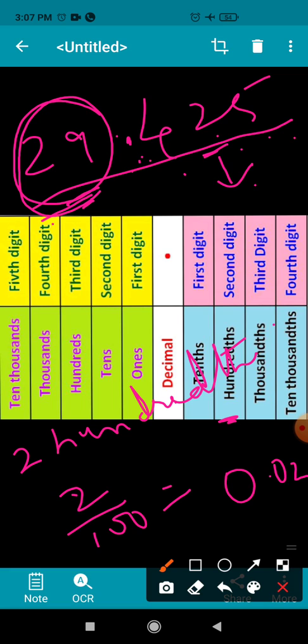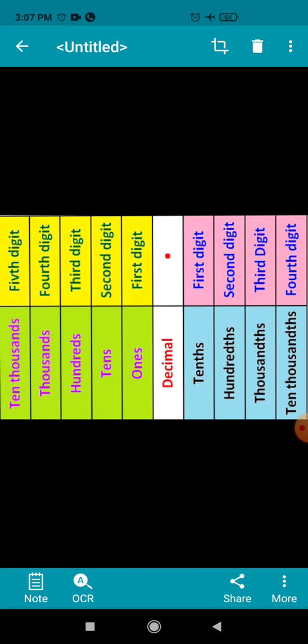Okay, children, hope you all have understood the method of reading and writing decimal numbers, place value of decimal numbers, and the method of converting decimal numbers in fractional numbers and fractional number in decimal number. So please revise it, learn the concept and do the practice. Thank you and have a good day.